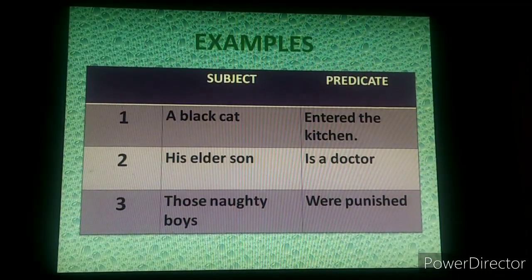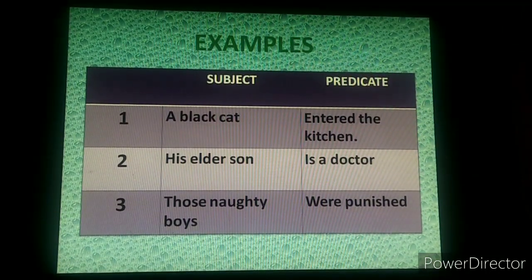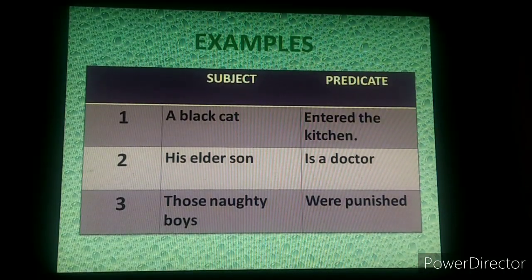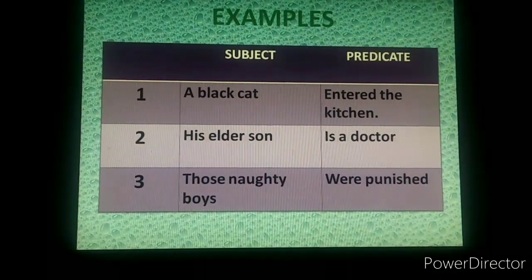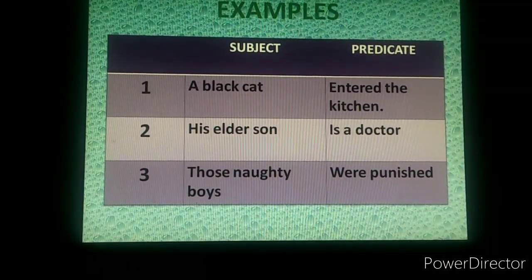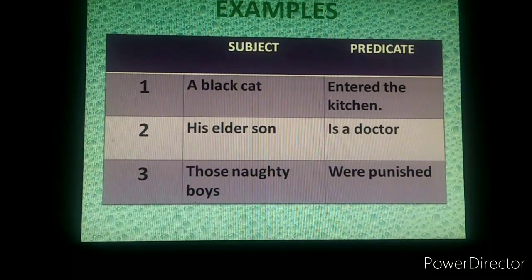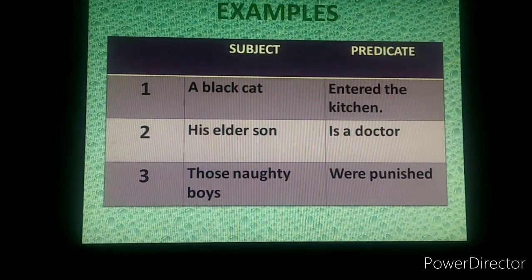Here we are not talking about the son, but we are talking about his elder son. So this whole part of the sentence becomes the subject and the rest is predicate. We can't underline only the subject. Son is not only the subject, but the subject is his elder son.